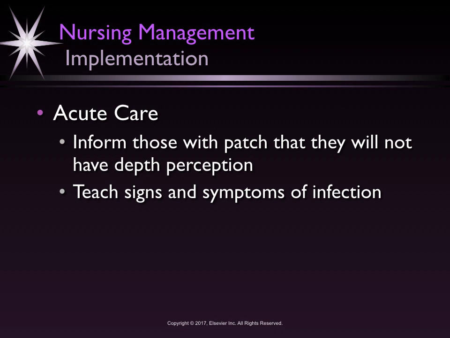Some patients may require 1 to 2 weeks for the visual acuity in the operated eye to reach an adequate level for most of their visual needs. And so they may need some special assistance until that's improved.